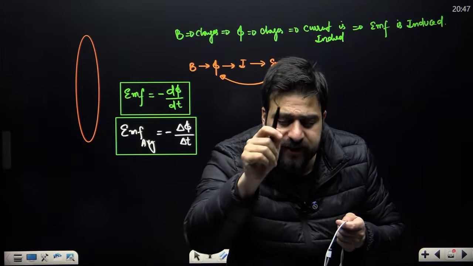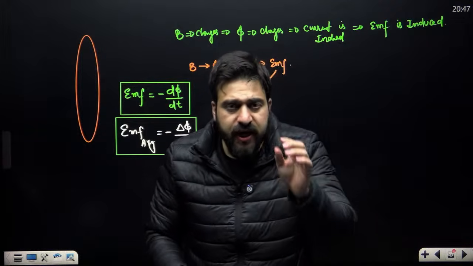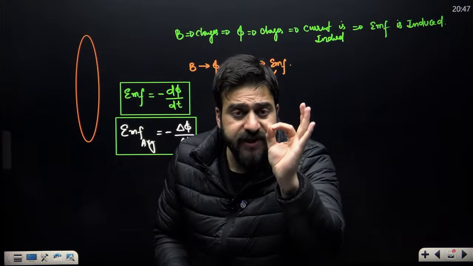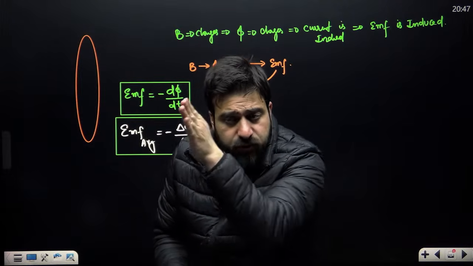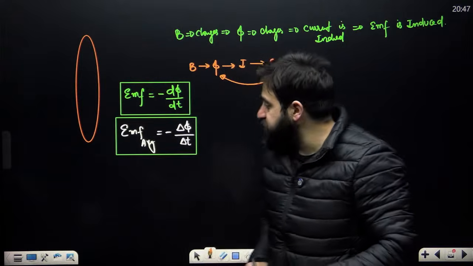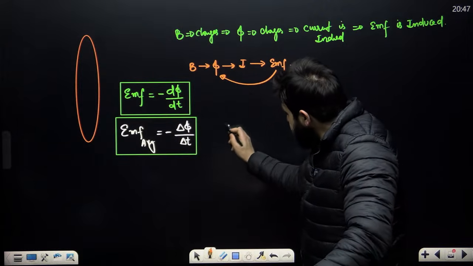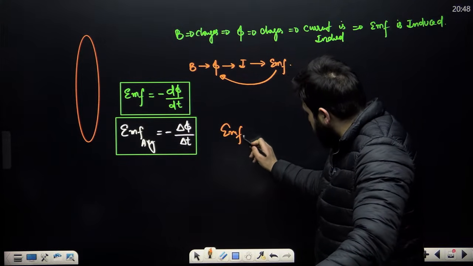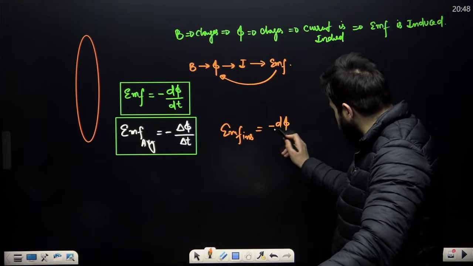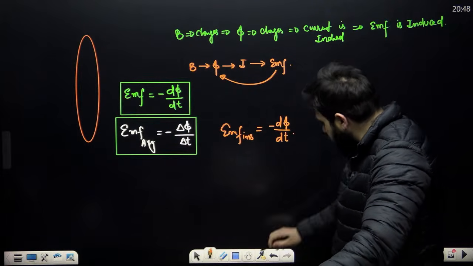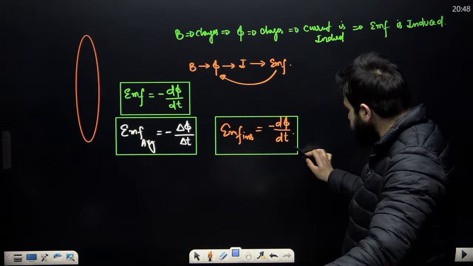That is called instantaneous EMF. EMF created in a coil at a particular instant is instantaneous. EMF created from this time to this time is average EMF. So instantaneous EMF we can write as minus d phi by dt, and this is how we write instantaneous, while delta phi by delta t is average.